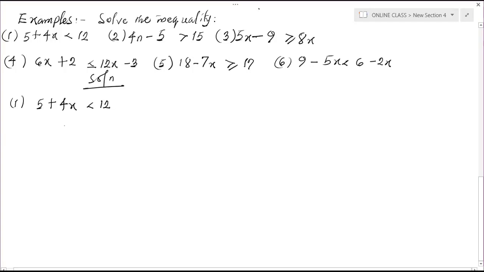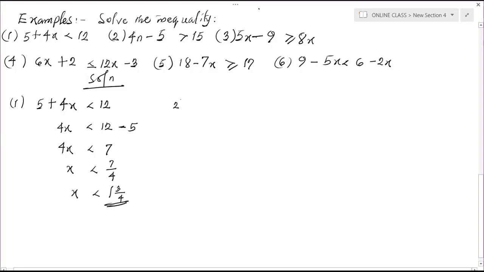We keep 4x at the left side, less than 12, and we take the 5 to subtract. That will be minus 5. Then we have 4x is less than 7. Then x is less than 7 over 4. That is, x is less than 1 whole number 3 over 4. I believe that one is clear.